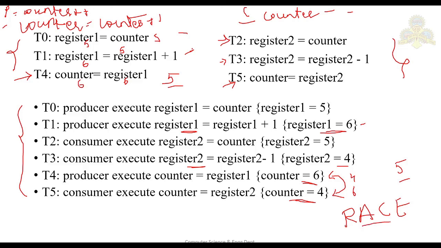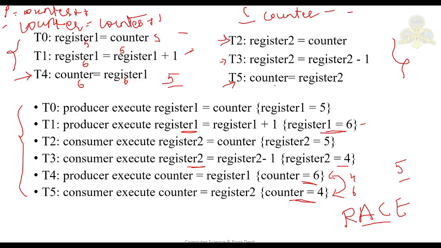That time your race condition occurs. Basically, what should we have done? We should have executed T0, T1, T4, then T2, T3, T5. But what we have done is, after T0 and T1, we jumped to T2 and T3, then T4 and T5 were executed. So the order of execution has been changed.